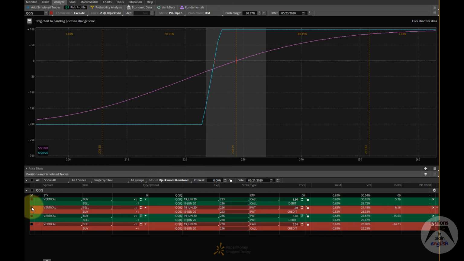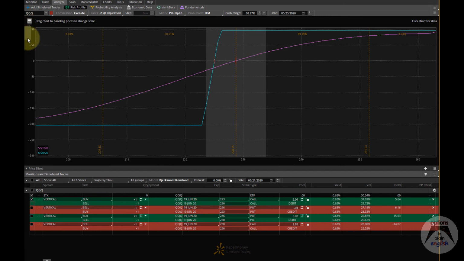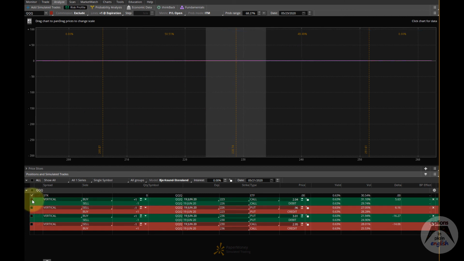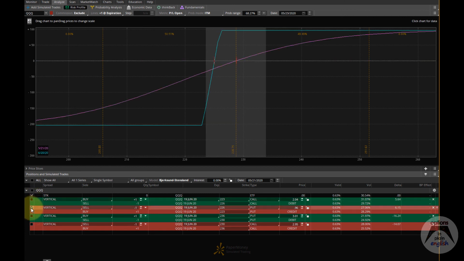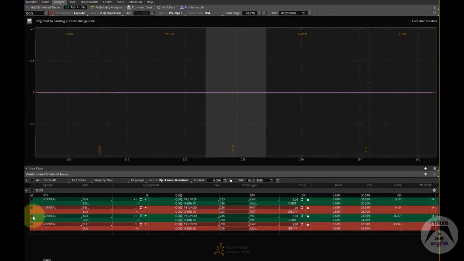Okay, see, long call spread, look at the amount, it's 100. Actually, let's fix the scale so it doesn't change. Okay, this is the long call spread, this is the short put spread. Long call, short put, same trade. Now let's make a float.